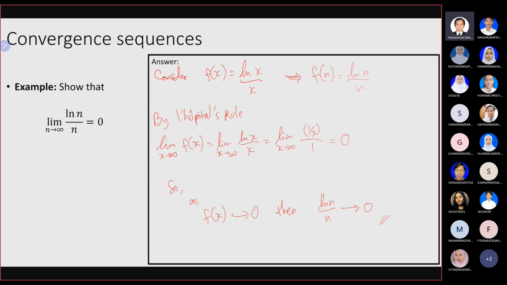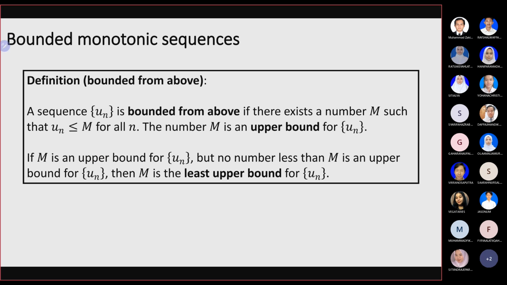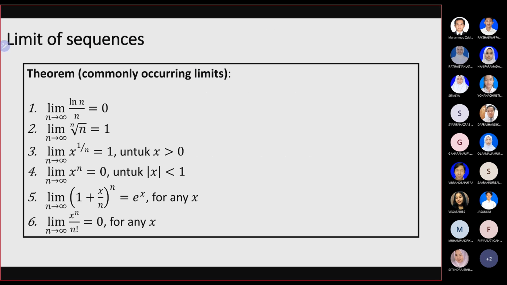Again, we simply need to take a look at this formula. The fourth formula we see here: limit n goes to infinity of x power n is always 0 if the absolute value of x is less than 1. So we just need to use that.